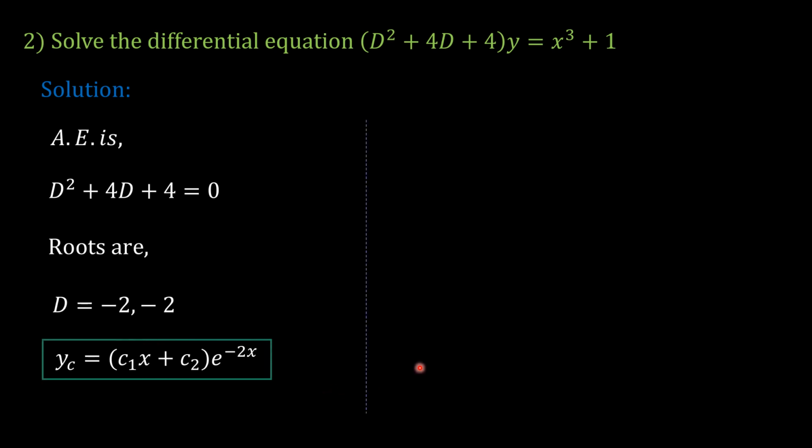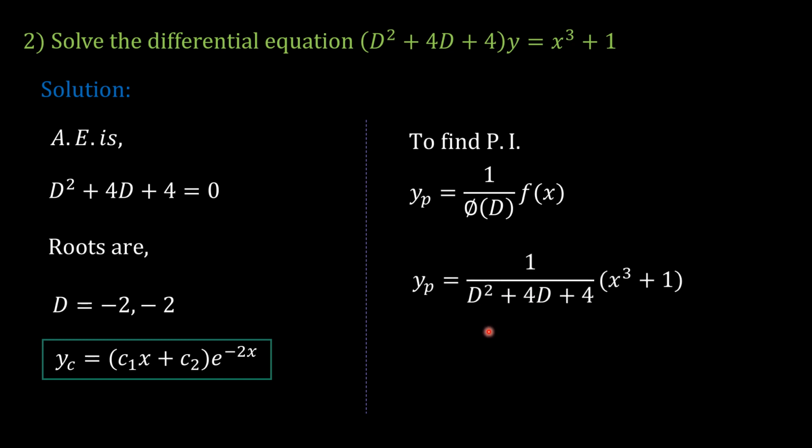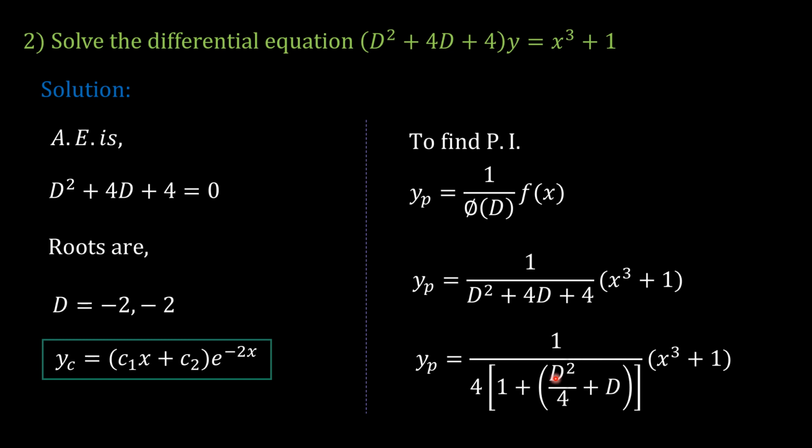Now, we will go to find the particular integral. The general formula is 1 upon phi of D of f of x. Phi of D is D square plus 4D plus 4 and f of x is x cube plus 1. Now see, here phi of D contains a constant term which is 4. So to get 1 in phi of D, take this 4 common from the denominator.